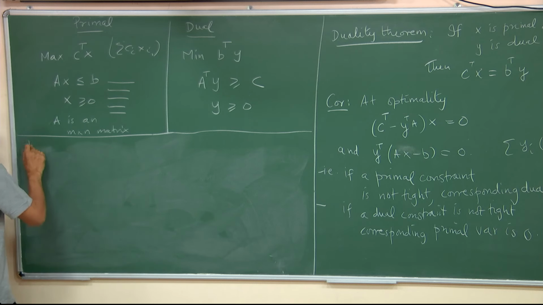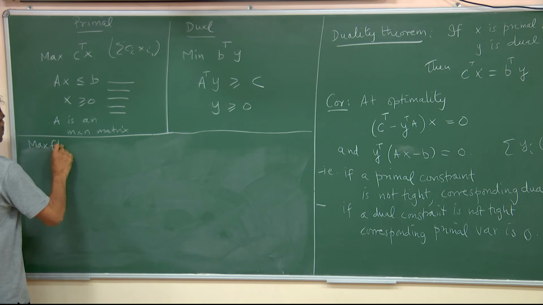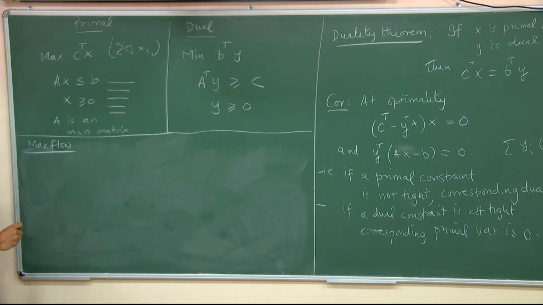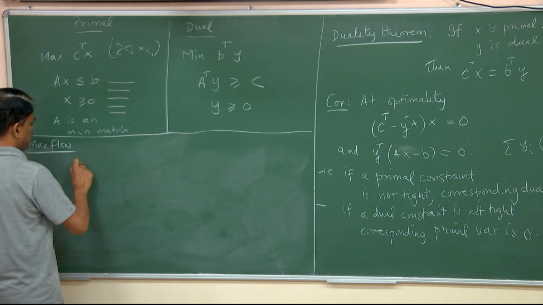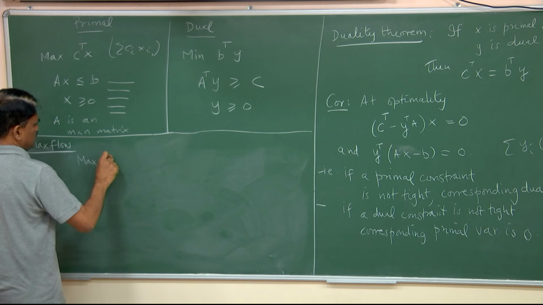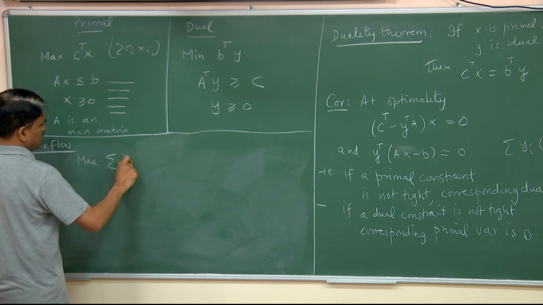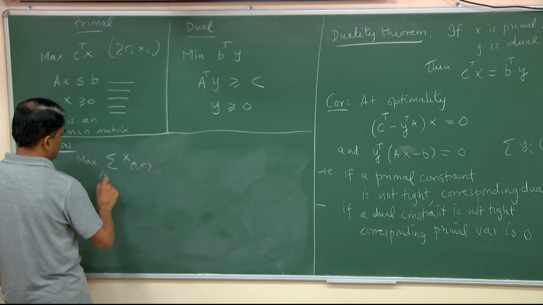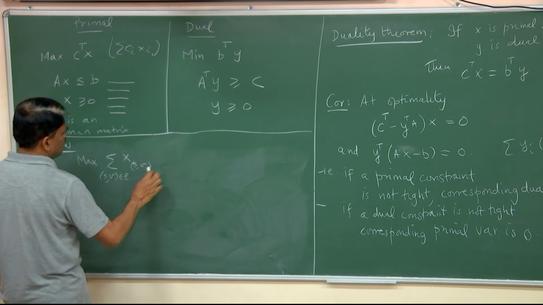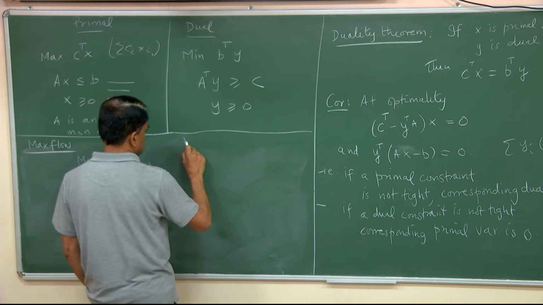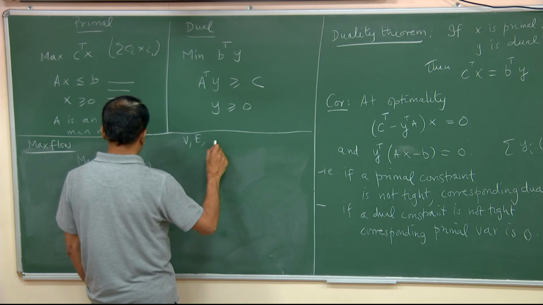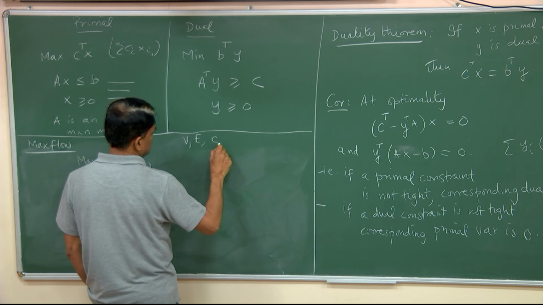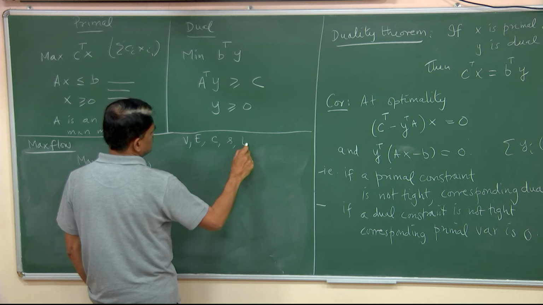Okay, so what is max flow? What do you want to maximize? The summation of x_sv, where sv is an edge. So you have a vertex set, you have an edge set, and then there are capacities on the edges, and then there are these two vertices s and t.